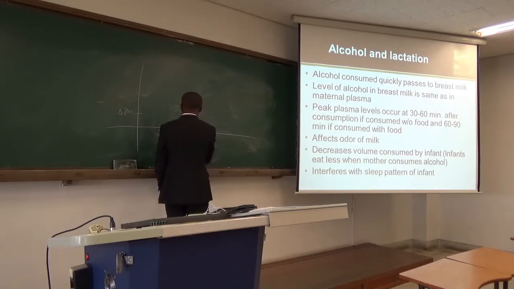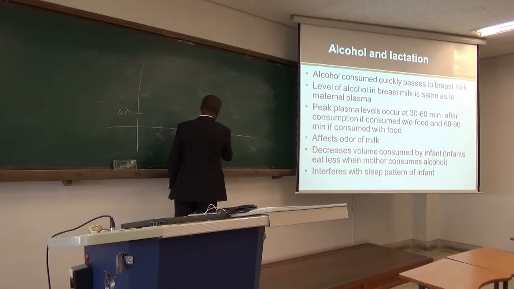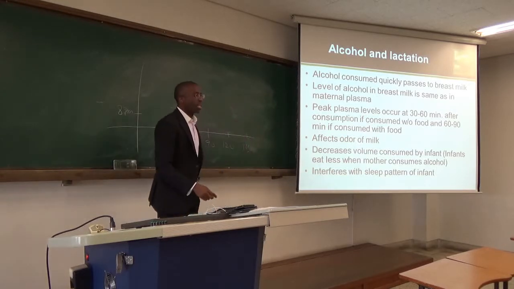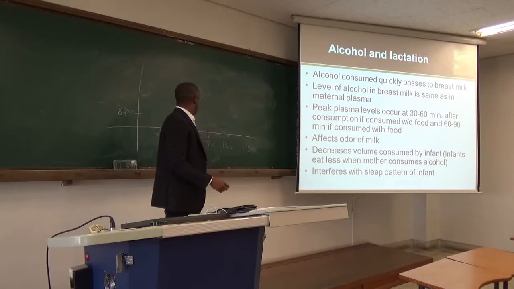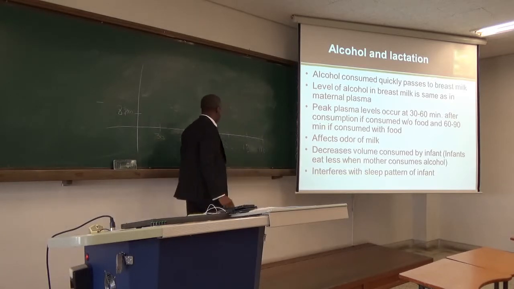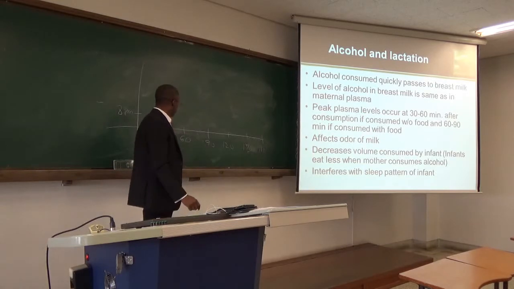So here is 60 minutes, right? 60 minutes plus 90. And then we have 120. And then 150 here. And then 180. 180 minutes is how many hours of drinking? 3 hours.